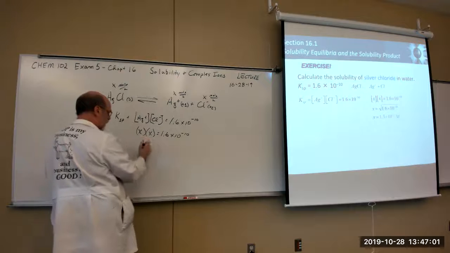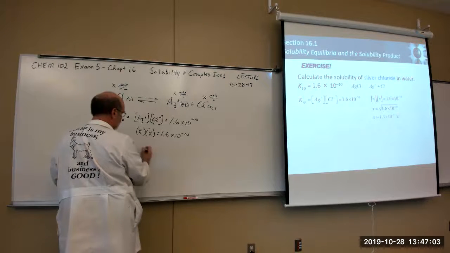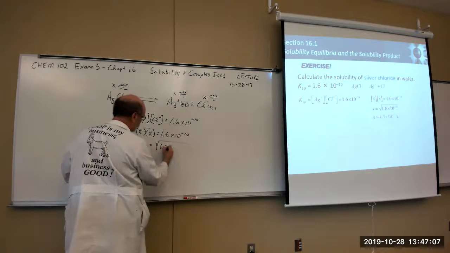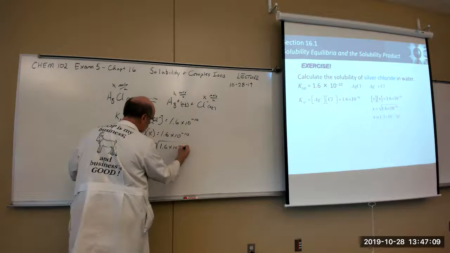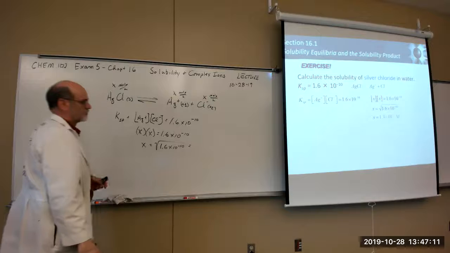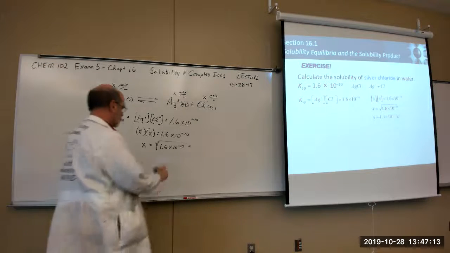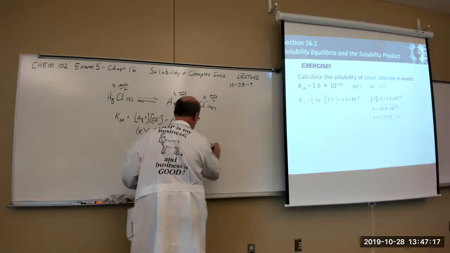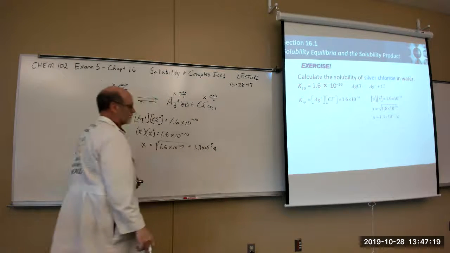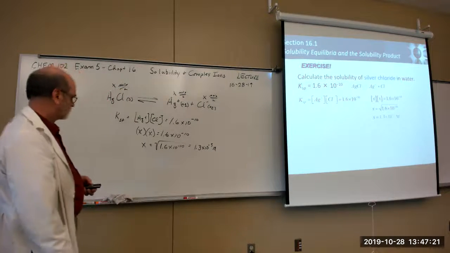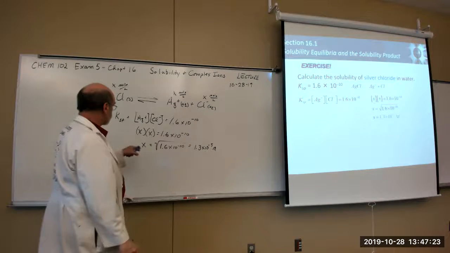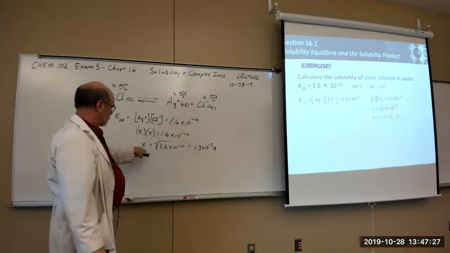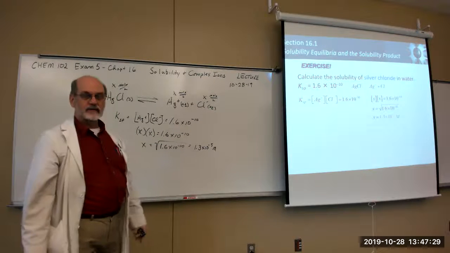And then this is X squared, right? So X is going to be the square root of 1.6 times 10 to the minus 10, which is 1.3 times 10 to the minus 5 molar. Okay, so X is the solubility of silver chloride in terms of molarity.